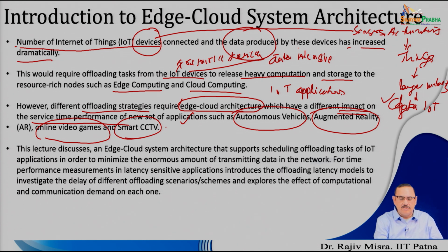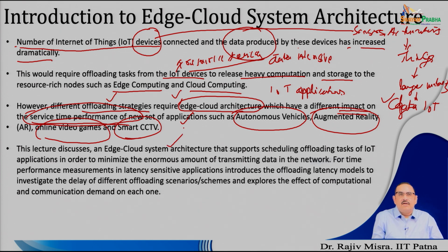So, these are all a new set of applications and they have specific time performance requirements. For supporting them, this edge cloud architecture will be a very useful paradigm. And in this paradigm, different offloading strategies will be applied to support these applications. Therefore, edge cloud system architecture is the point of discussion in today's class.